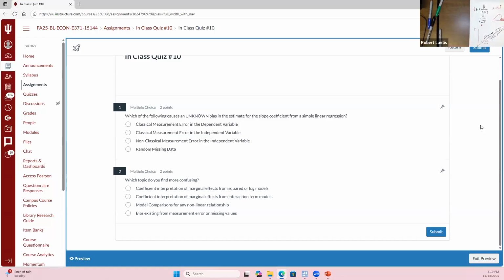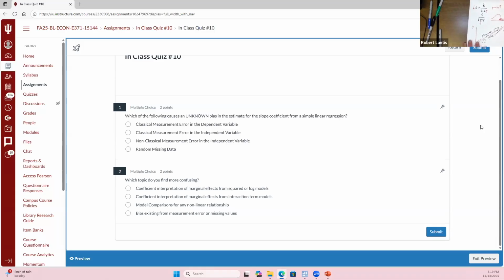So if there was another question where I said, what happens to the statistical significance if we have random missing data? Well, there we said that statistical significance would go down, or be less statistically significant. So the only option we're really left with, the one that has unknown bias, is when we have non-classical measurement error and it's in our X variable, right?